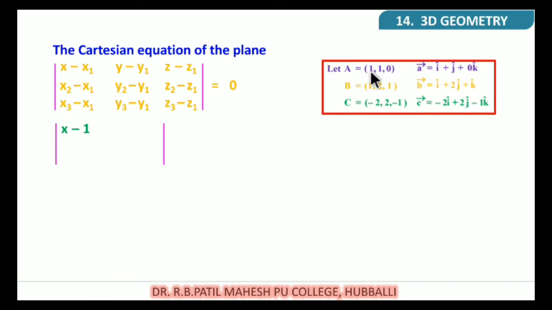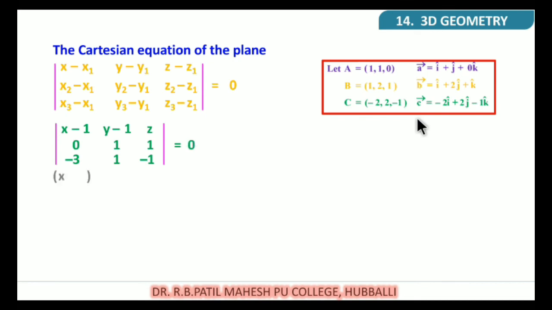So x minus 1, y minus 1 and z minus 0 is z. Similarly, x2 minus x1 is 1 minus 1, which is 0, 2 minus 1 is 1, and 1 minus 0 is 1. Similarly, minus 2 minus 1 is minus 3, 2 minus 1 is 1, and minus 1 minus 0 is minus 1. With this, the whole determinant is equal to 0.